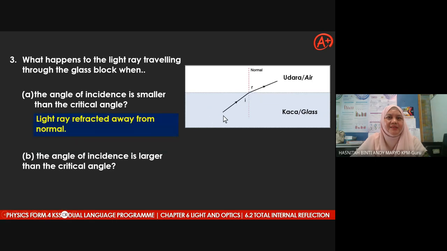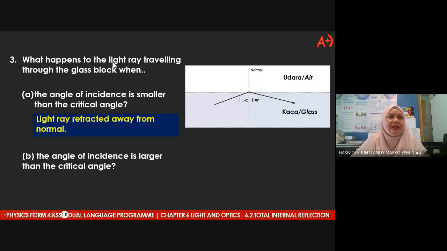And here, students, you will see when the angle of incidence is now greater than the critical angle, total internal reflection occurs, where the light ray is reflected back into the glass medium. So this is to answer question 3.